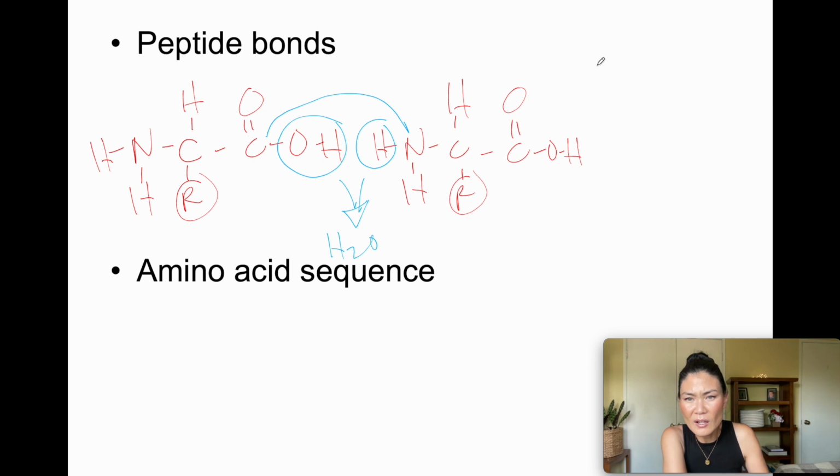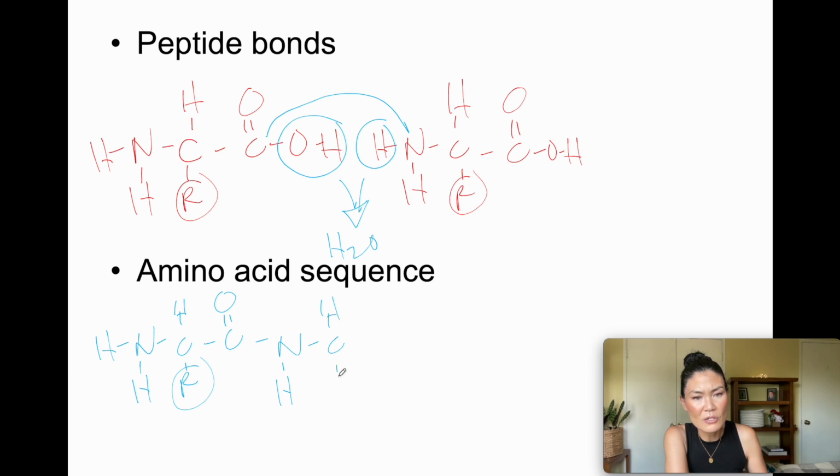Okay, so I've kind of run out of space, but maybe I'll just redraw it here using the same blue color. I'm just going to draw them attached by a peptide bond. Okay, CHRCOOH.